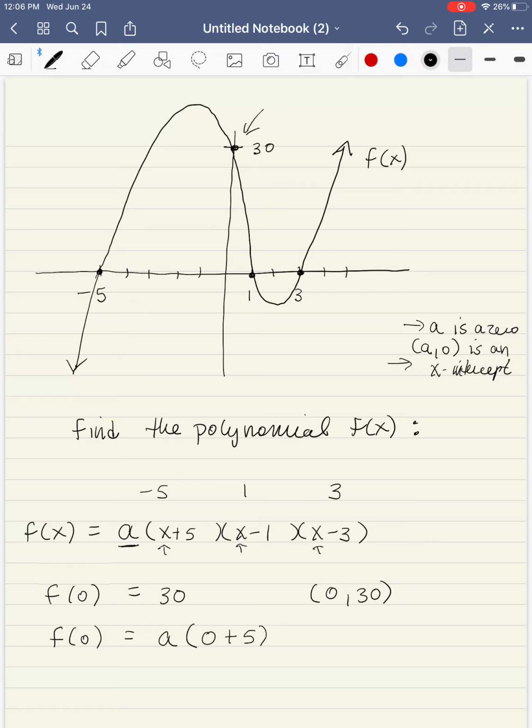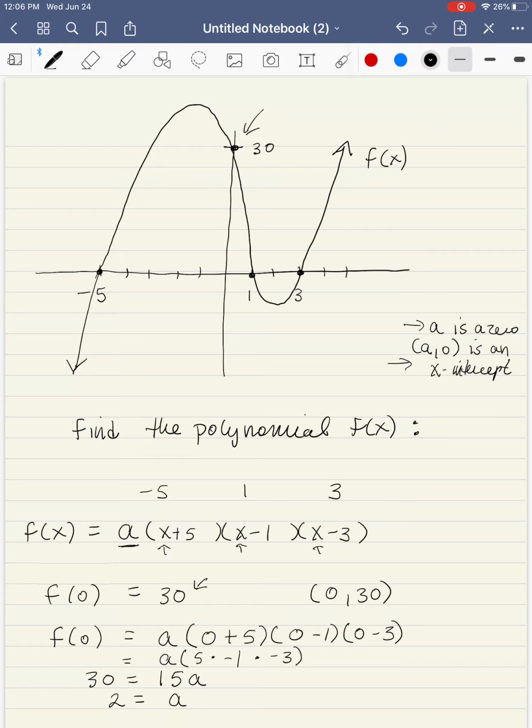So if I were to plug a 0 in for x here, here, and here, I would have 5 times negative 1 times negative 3 is 15 times a.